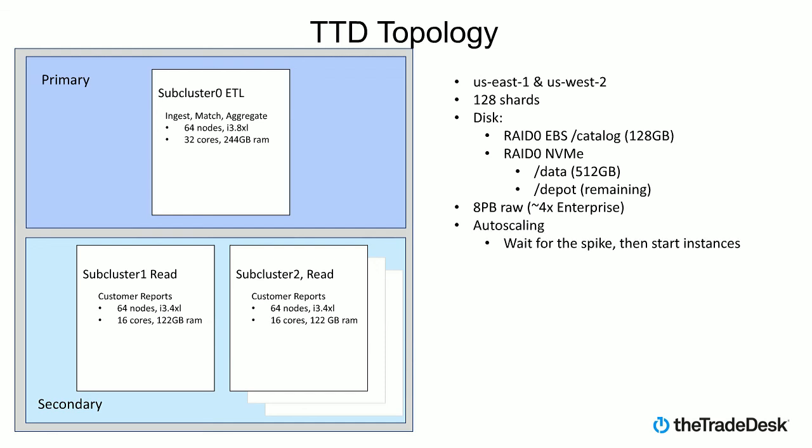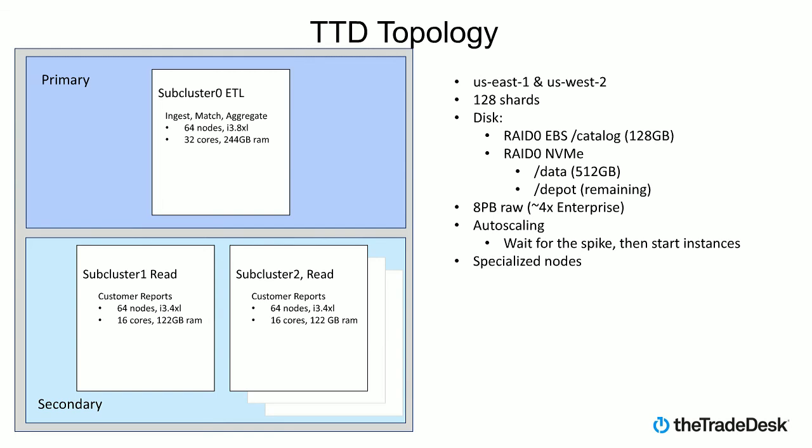We've also built an auto-scaling tool or service that monitors the queue that I showed you earlier, monitors for those spikes, and when it sees those spikes, it starts up instances in any of the subclusters. So that's how we have compute capacity match the demand.